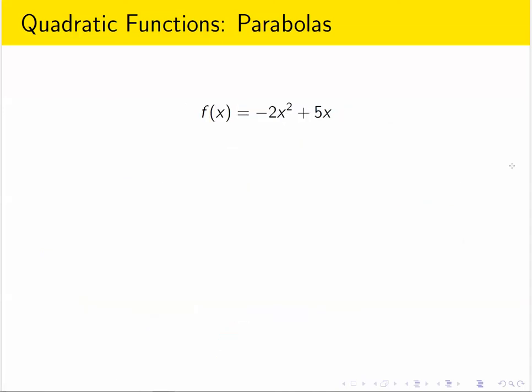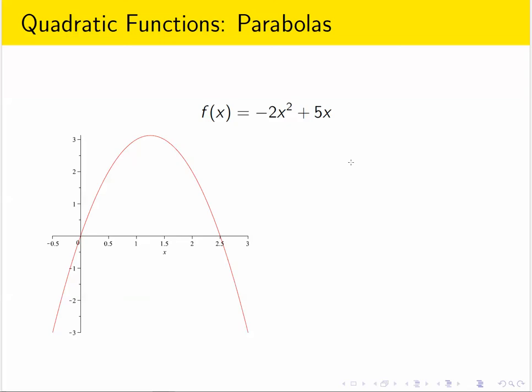So here's one more example. Consider this function f of x equals negative 2x squared plus 5x. We won't go through the calculations here, but it turns out that you can also find the vertex by a formula we will learn soon. And that vertex right here is actually lining up with 1.25 for x.